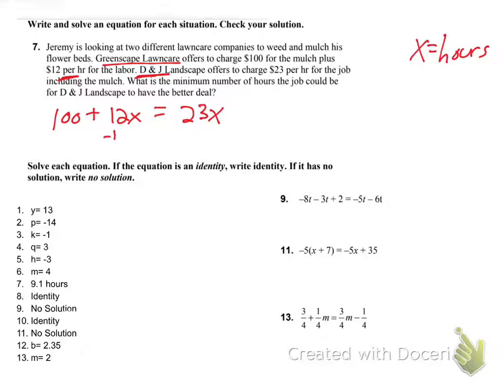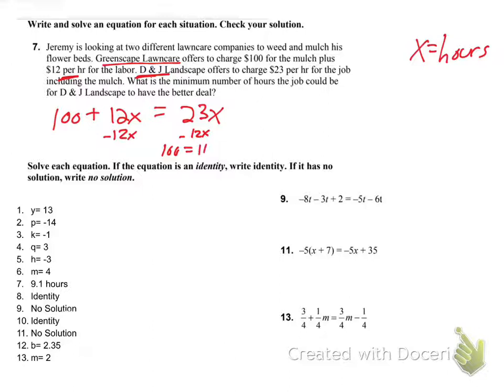I'm going to minus 12x to both sides. And then what I get is 100 is equal to 23 minus 12. 23 minus 12 is equal to 11.